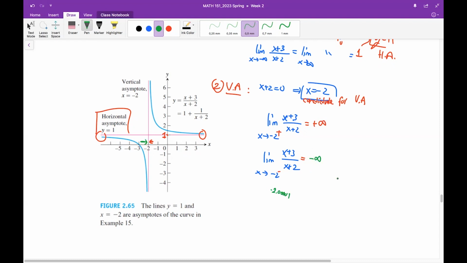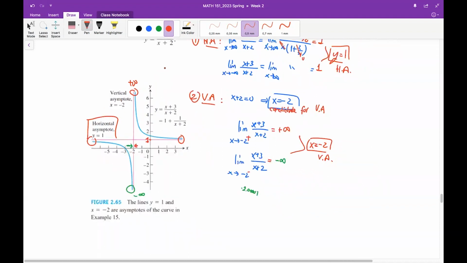That's why it is minus infinity in this case. You see, this is minus infinity, and the values are getting plus infinity. This justifies the fact that x equals minus 2 is a vertical asymptote for this function. And the behavior around the vertical asymptote is like this, whether your values get to minus infinity or plus infinity. So that's it.